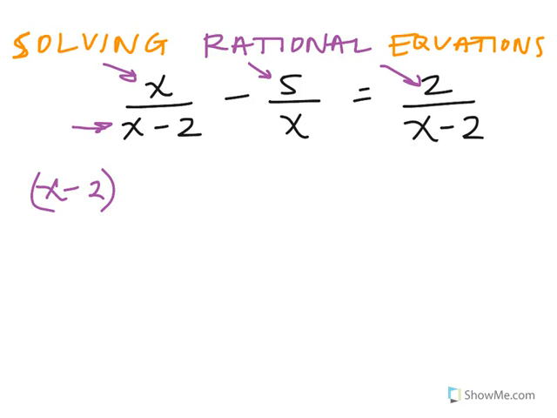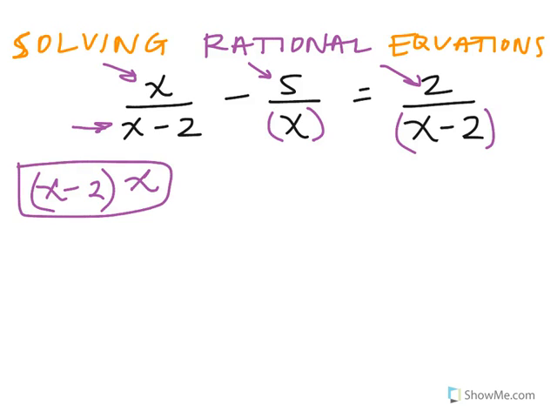Also, we want to cancel out an x, so x has to be a factor too. Here we see an x minus 2 again, but that's already included. So this number is the lowest common denominator of all the fractions, and we're going to multiply every numerator by it.